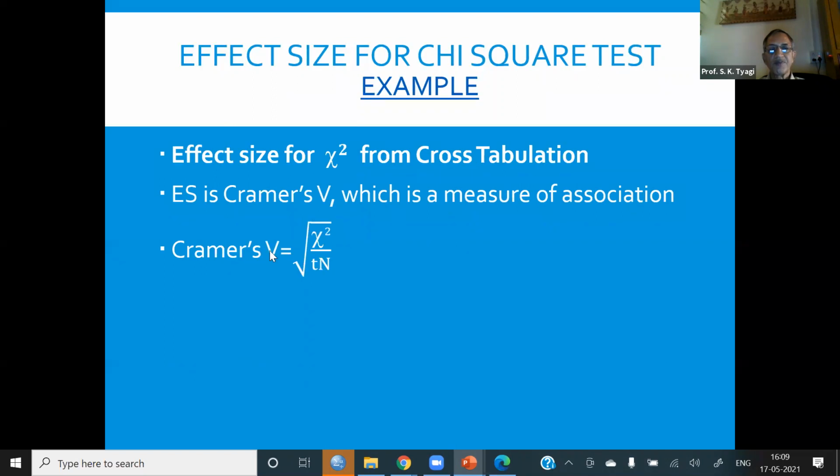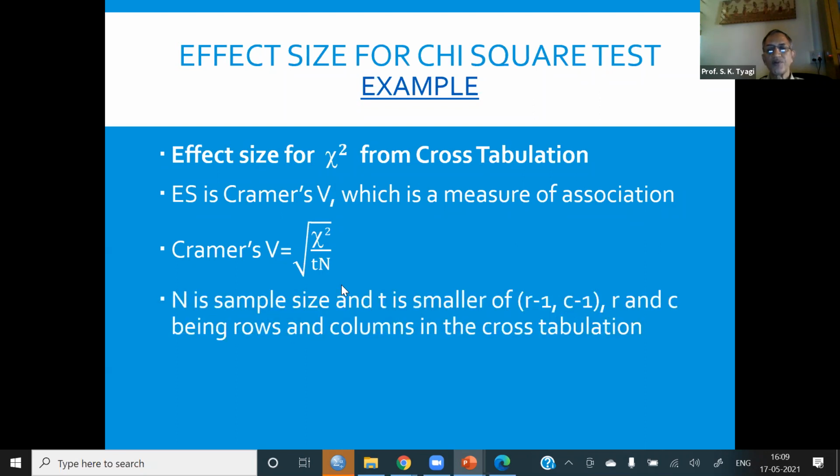Now this Cramer's V, we saw yesterday also, is the square root of chi-square divided by t into n, where t is the smaller of r minus 1 or c minus 1, r being the row and c being the column.